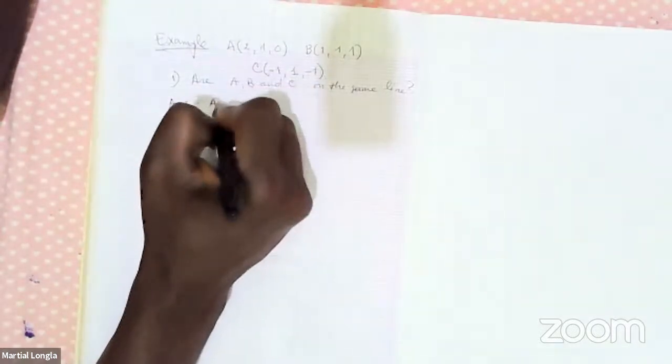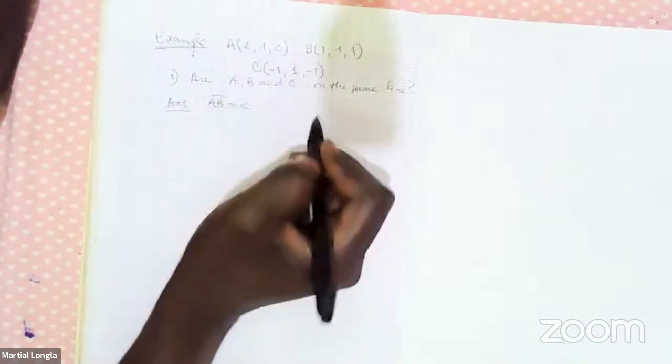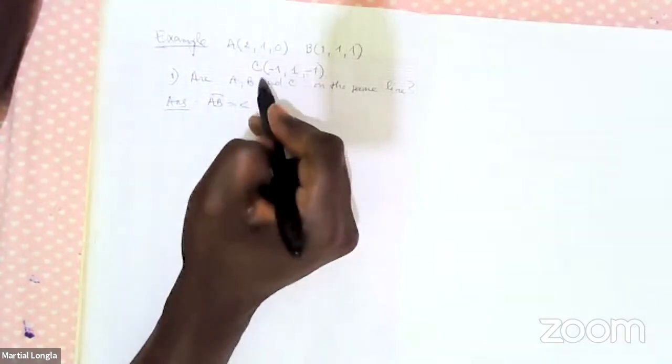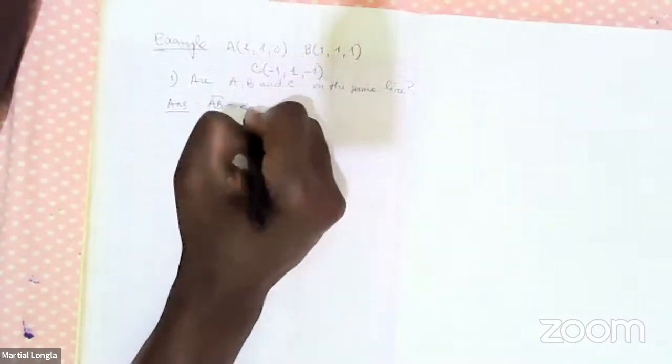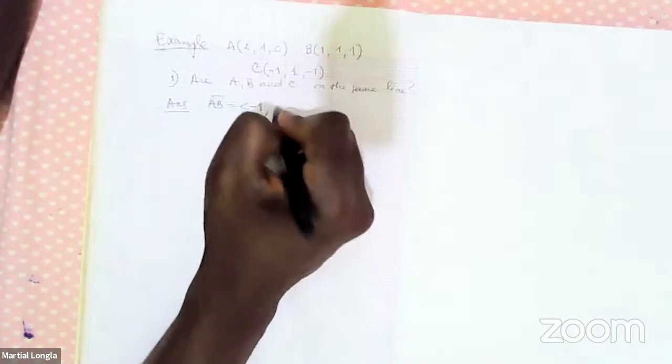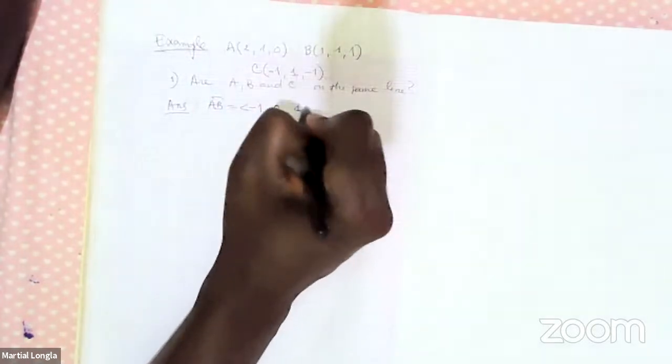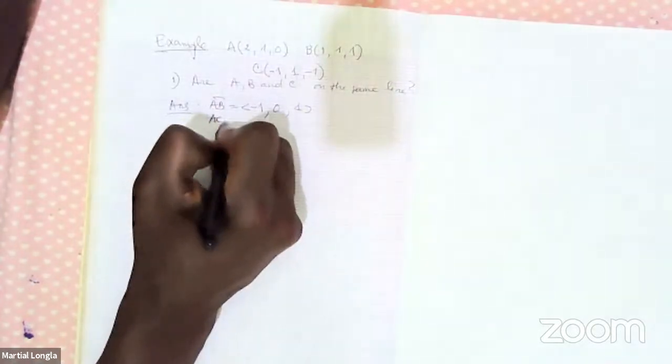So answer, form the vector AB. How do we form the vector AB? Take coordinates of B minus coordinates of A. So that's 1 minus 2, minus 1, 1 minus 1, 0, 1 minus 0, 1. Form the vector AC.